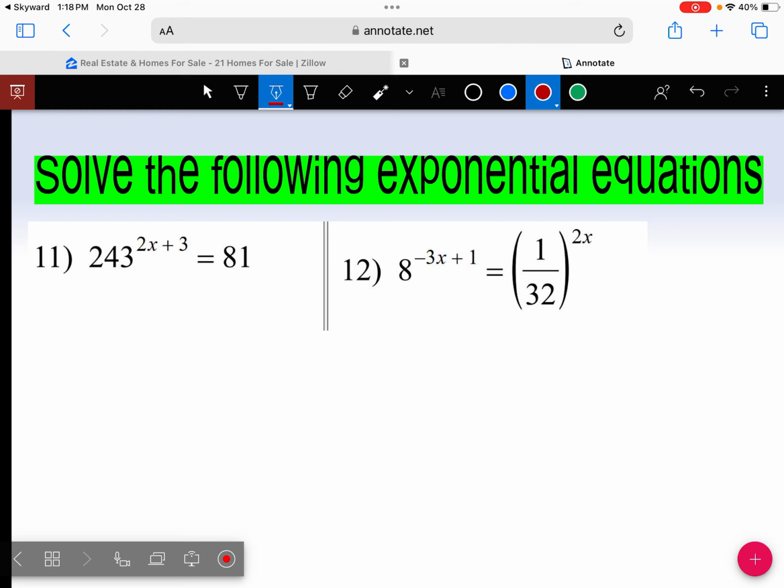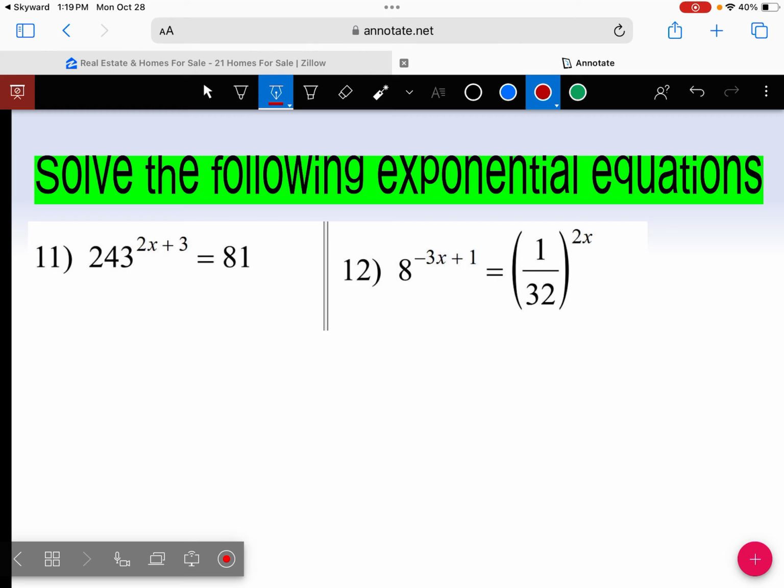Multiply the 24. Anybody else stuck on number, whatever this is?